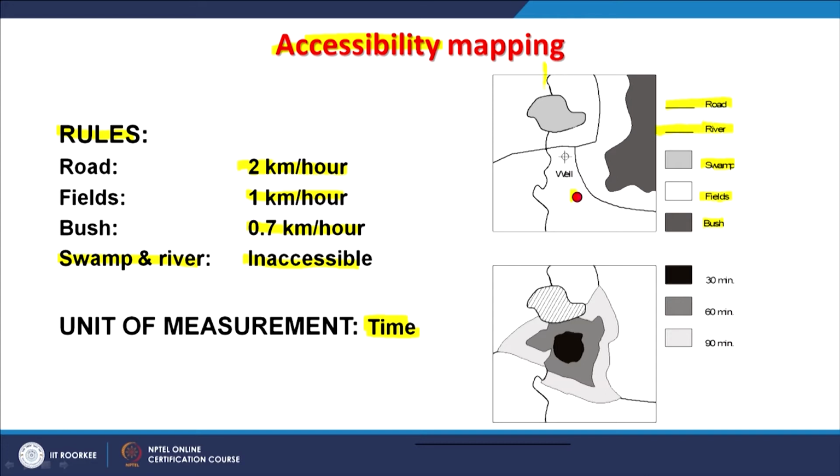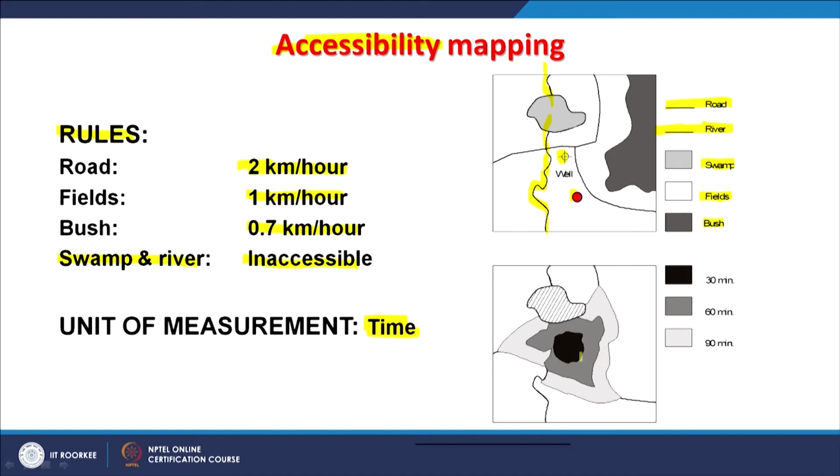So, this is just to make clear that this is the river and the rest, the polylines, are roads. Now, for this location I want to prepare an accessibility map, showing how much time it would take to fetch water from that well.